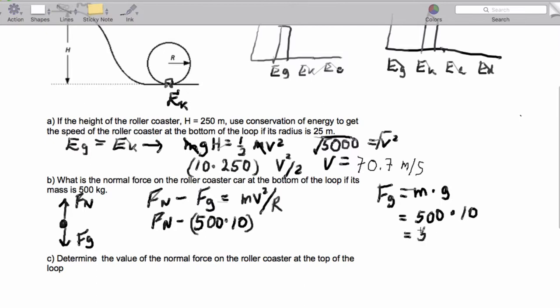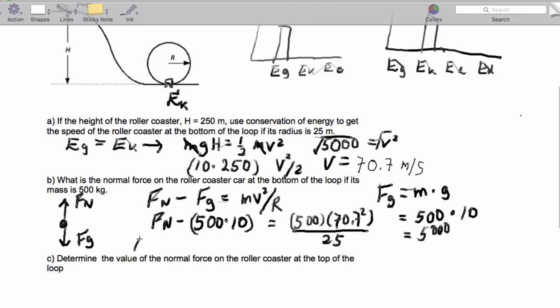So that's how we get 5,000. And that's going to equal 500 times 70.7 squared all over our radius, which is 25.